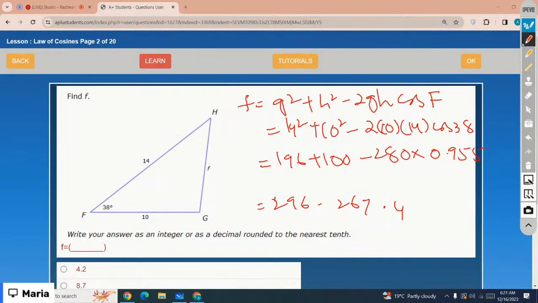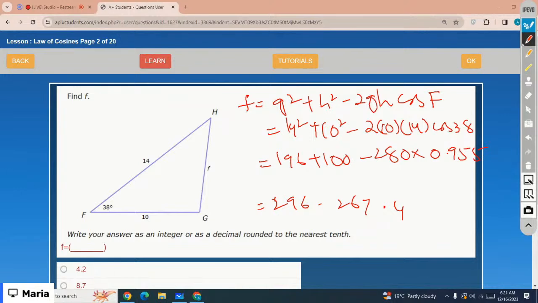28.6 it is. Still, I didn't get it. Cos 38, that is 0.955 times 280, that is 267, right?